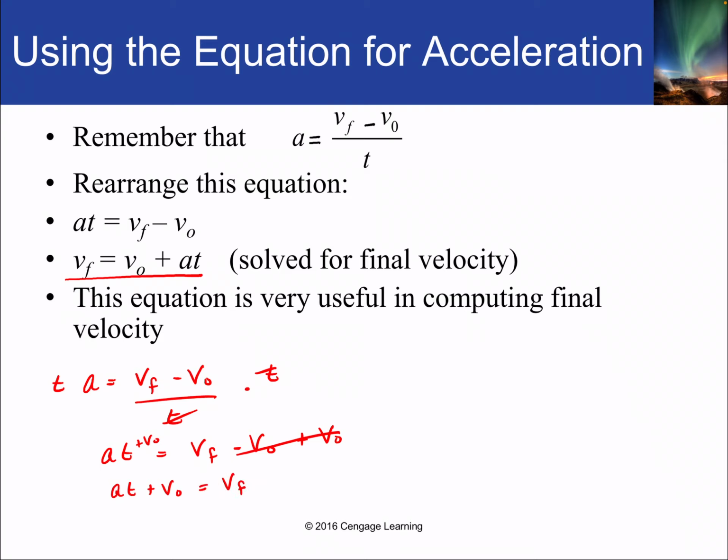We want V0 by itself, so we have to subtract at from this side. The at's cancel. V0 equals Vf minus at. So now from this basic acceleration equation, we can find acceleration, we can find Vf, and we can find V0.